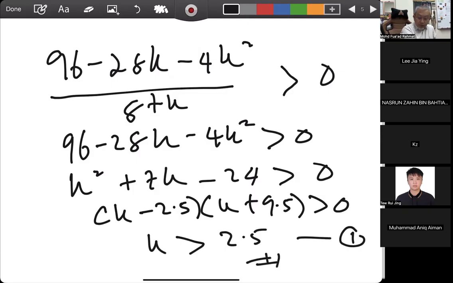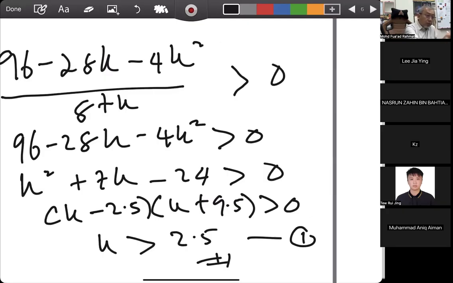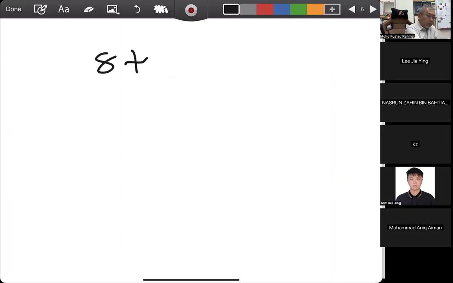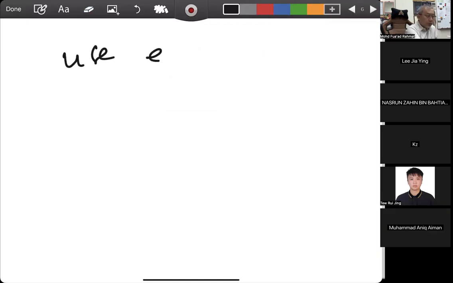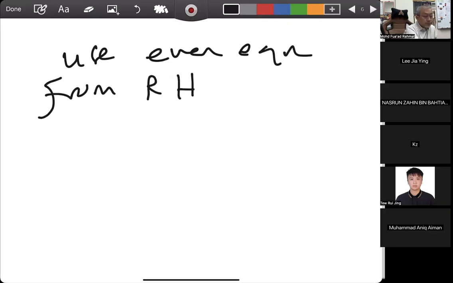Okay, then the second one is 8 plus K. Sorry. So use the even equation from Routh-Hurwitz table.